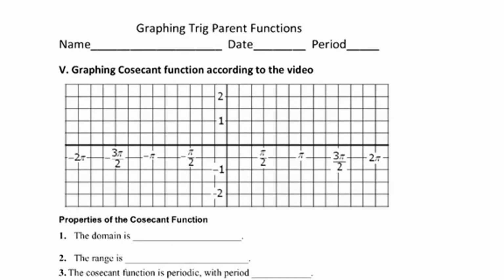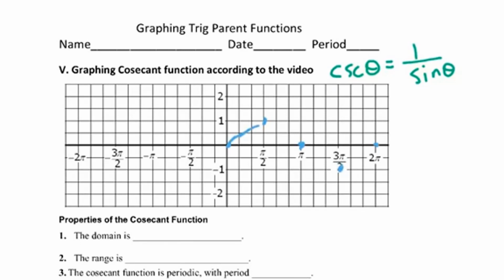Now let's graph the cosecant function. You will have 1 over sine theta. So first of all, I need to draw the sine function. That's from 0, 0, pi over 2, and then pi, then 3 pi over 2, then 2 pi.